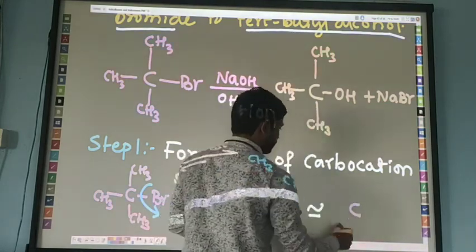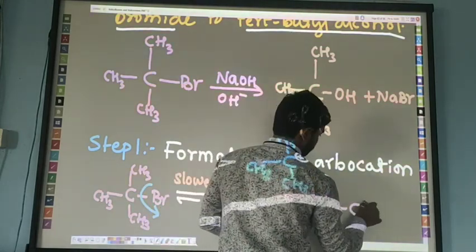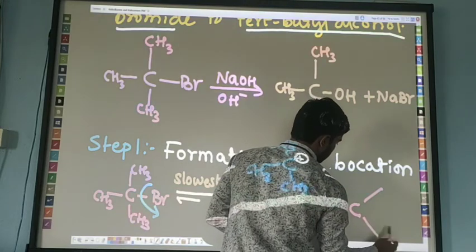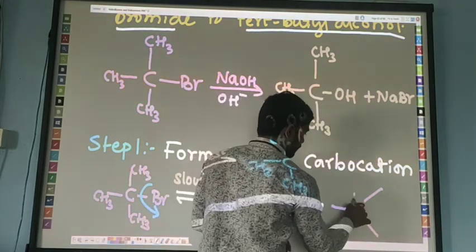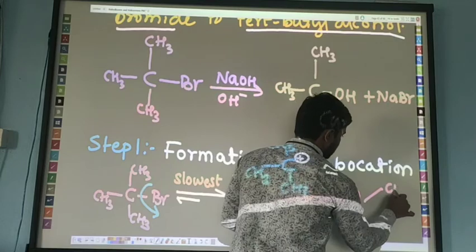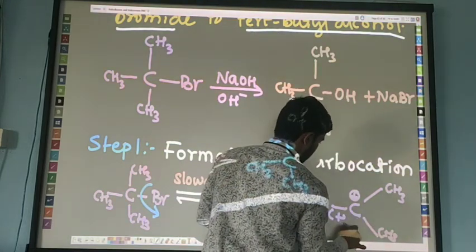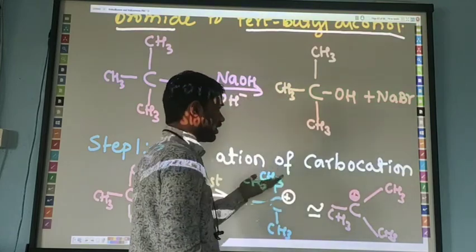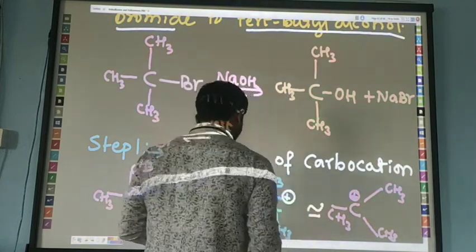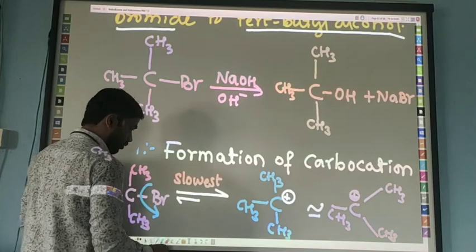I can write like this. The plus one here, there is a CH3, and here is a CH3. This is a planar structure, or you can write it in horizontal order also. Let me write a horizontal order for you.